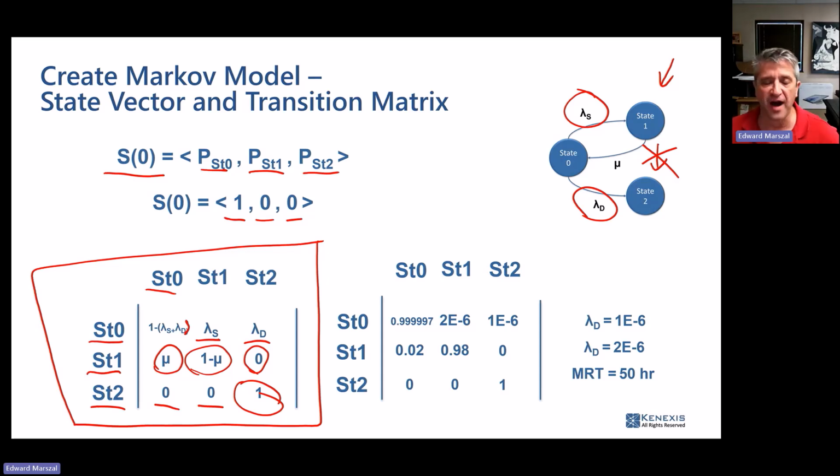Now, if this system was going to be used a lot, instead of numerically solving my Markov model, I could just solve my Markov model with these symbols and come up with an equation. And guess what?